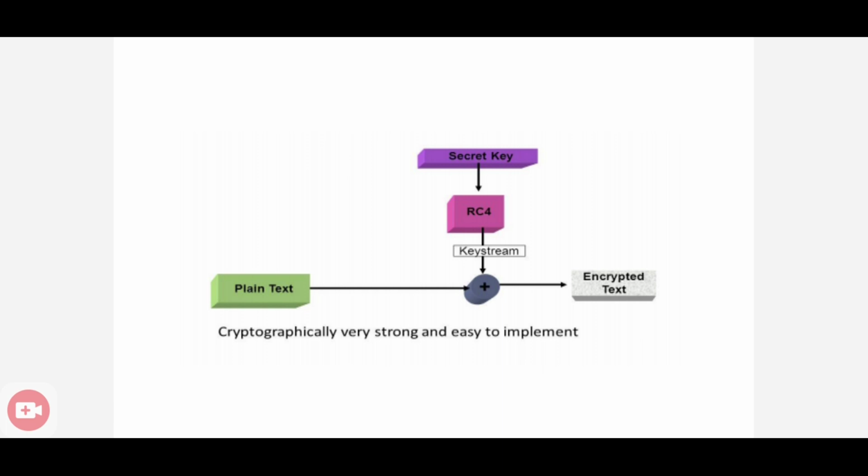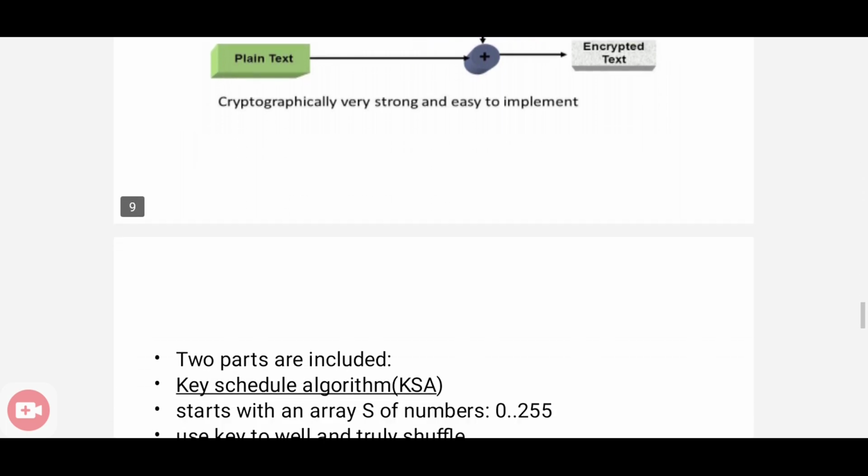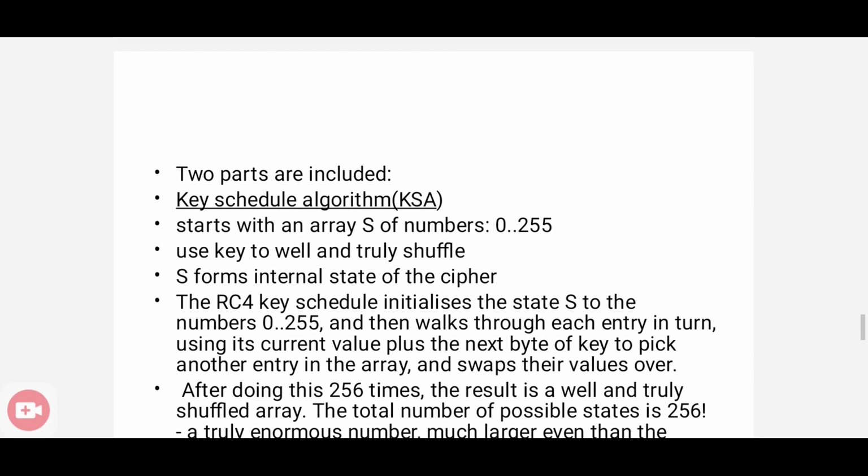Cryptographically, this is very strong and easy to implement. So what is the RC4 algorithm? It has two parts: one is a key scheduling algorithm, and the other is pseudo random number generation.